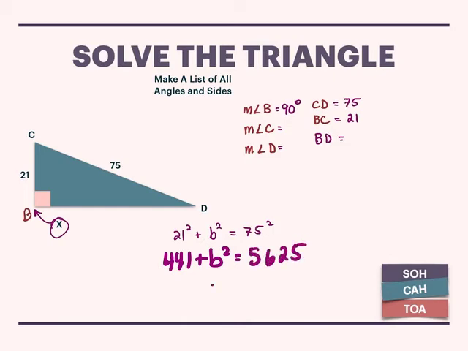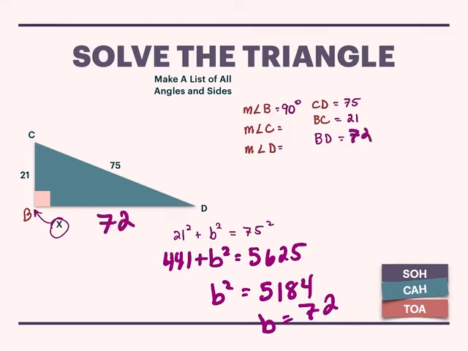And so you subtract that 441 from the 5,625, and you get 5,184. And then you just have to square root it. So you hit that square root button, and it comes out to a nice even 72. It's kind of neat. So now we know two of our sides, or all three of our sides.